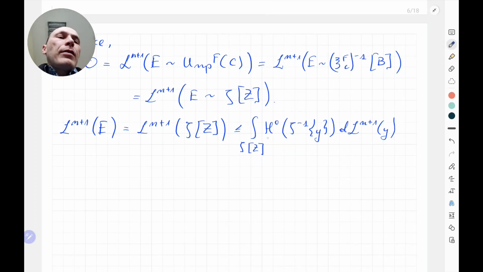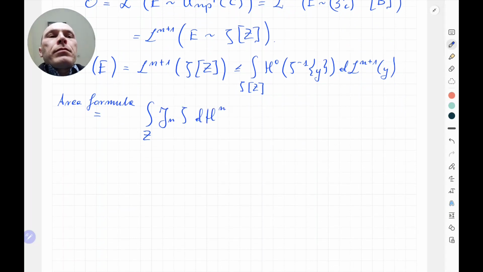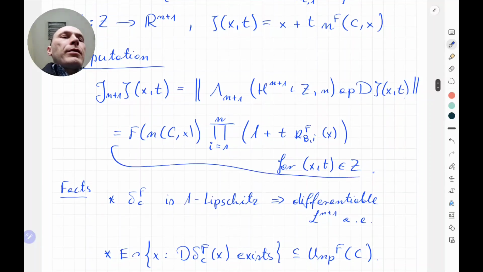So we integrate a function which is at least 1 on this set by the usual area formula. We can express this integral as the integral of the Jacobian. And then we have a formula for the Jacobian.